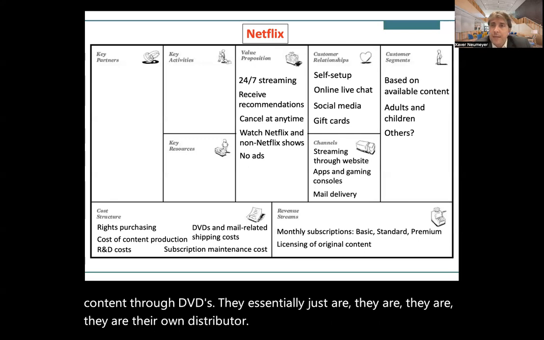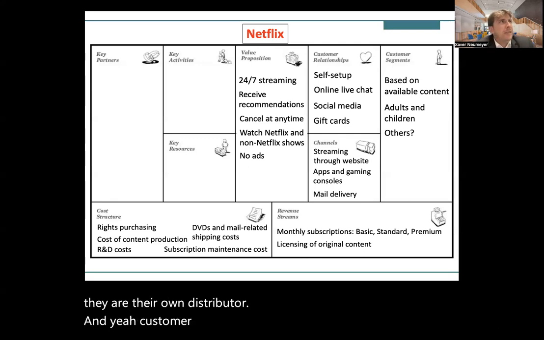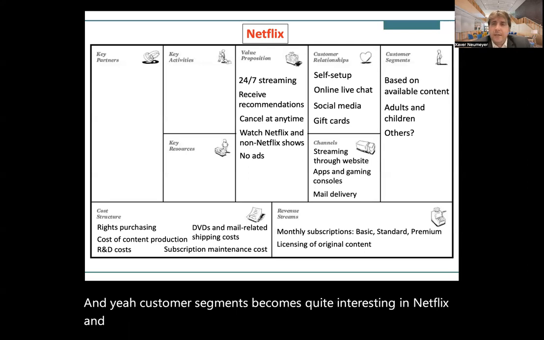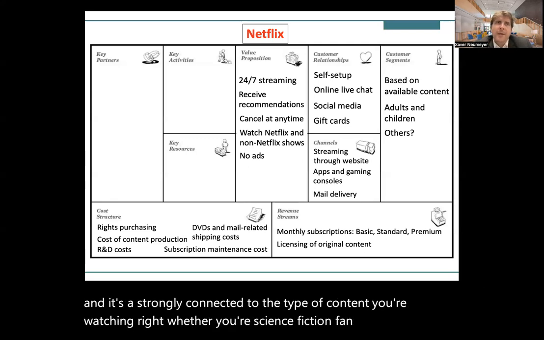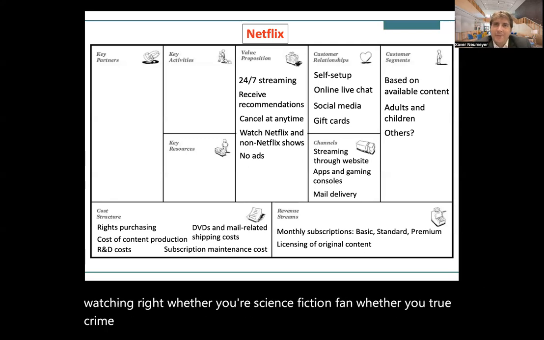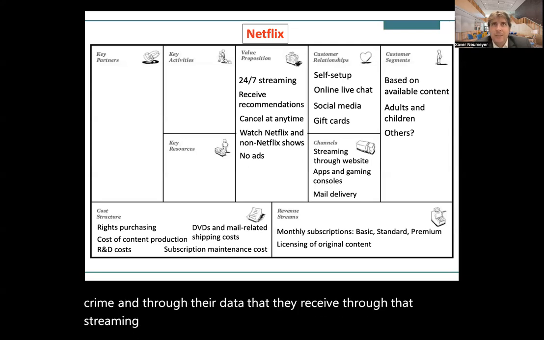And yeah, customer segments become quite interesting in Netflix, and it's strongly connected to the type of content you're watching, right? Whether you're a science fiction fan, whether you like true crime, and through the data they receive through that streaming platform, they can actually target and develop content and have done that in the past.